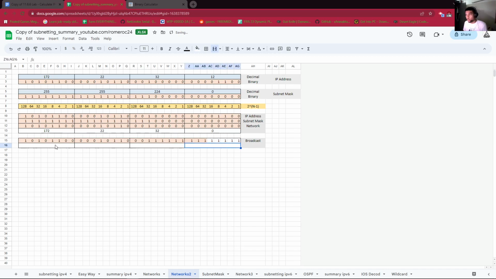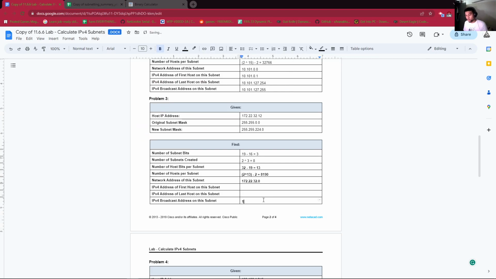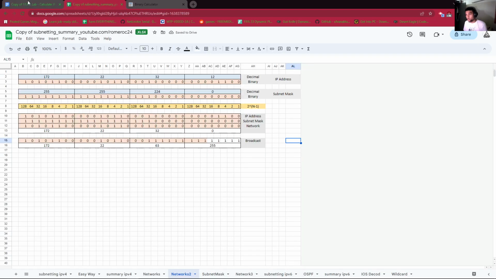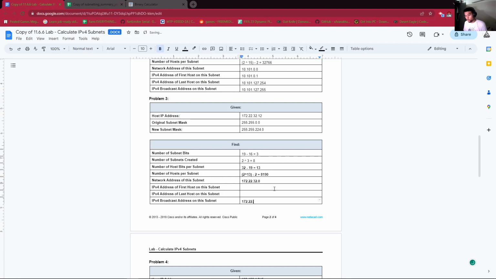So we change it to decimal, and we get 172, 22, and for this one we have 32 plus 16 plus 8 plus 4 plus 2 plus 1, which gives 63. This is 255. And then we write back 172.22.63.255.